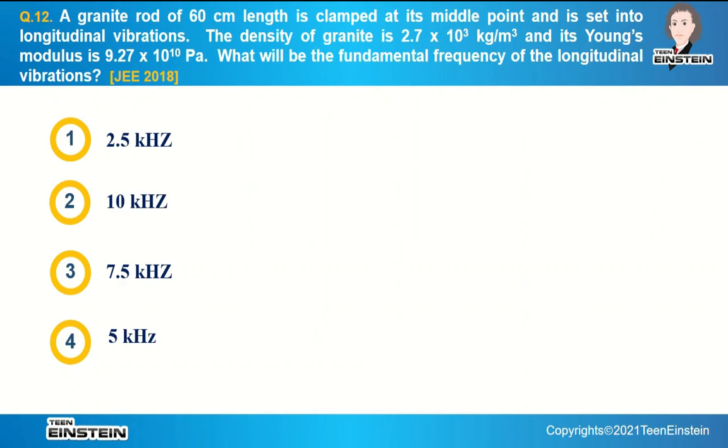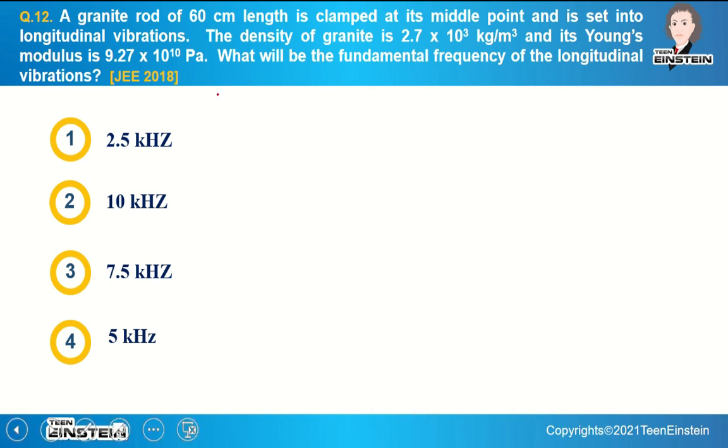A granite rod of 60 centimeter length is clamped at its middle point and is set into longitudinal vibrations. The density of granite is 2.7 into 10 power 3 kilogram per meter cube, and its Young's modulus is 9.27 into 10 power 10 Pascal. What will be the fundamental frequency of the longitudinal vibrations?